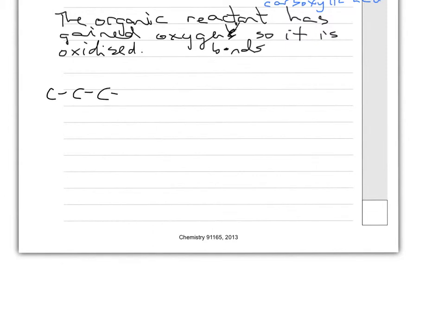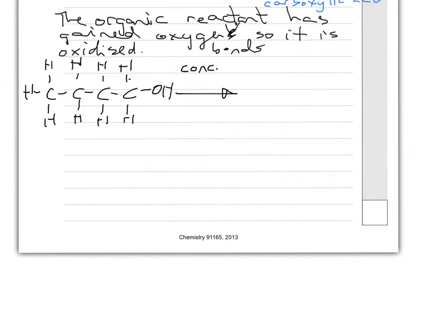Last question of the paper. And there we go. Concentrated H2SO4, and we're going to elimination.